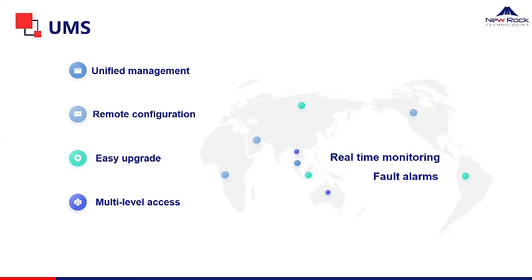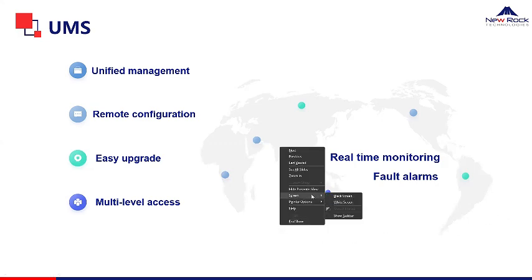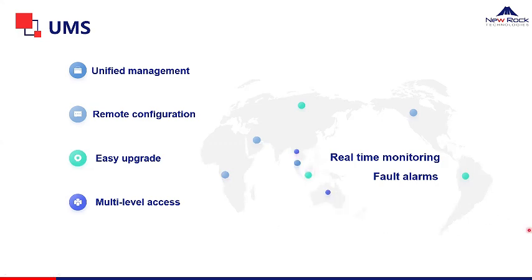You can obtain real-time status information. You can configure and upgrade devices in batch to improve management efficiency and reduce support cost. So these are the key features. As you can see here, we have unified management, remote configuration, easy upgrade, multi-level access, and real-time monitoring of fault alarms.